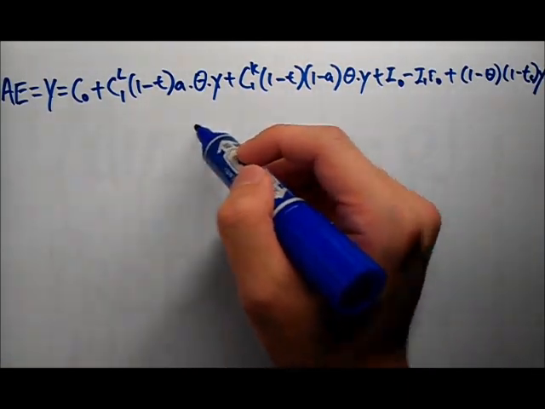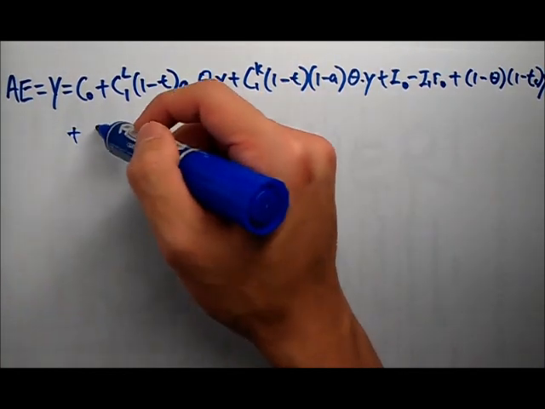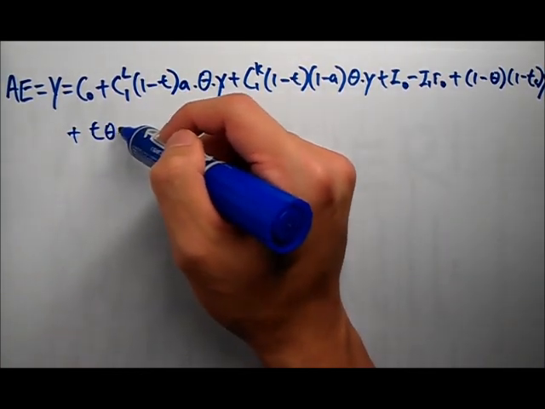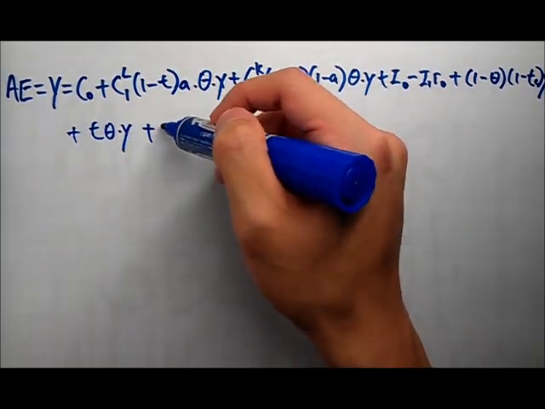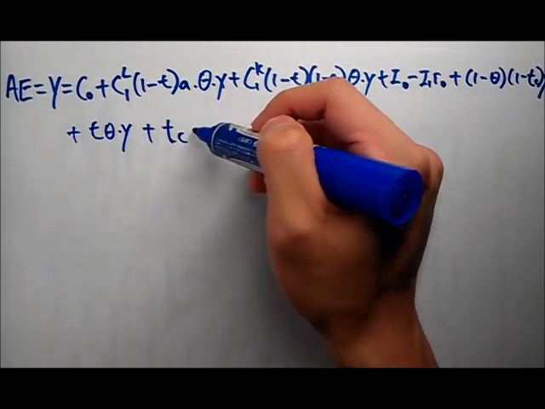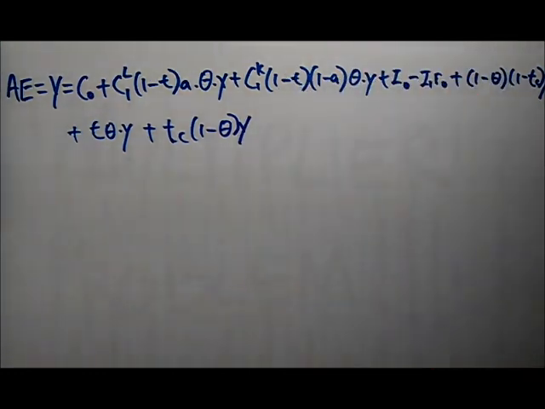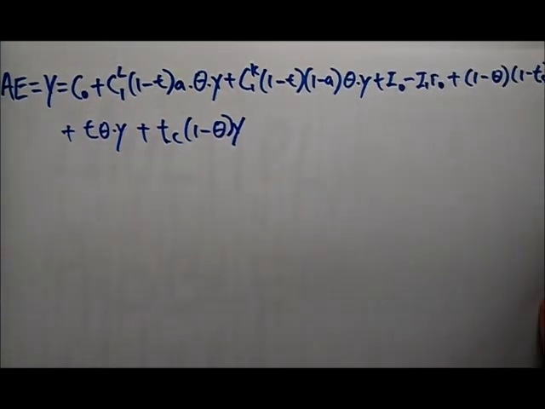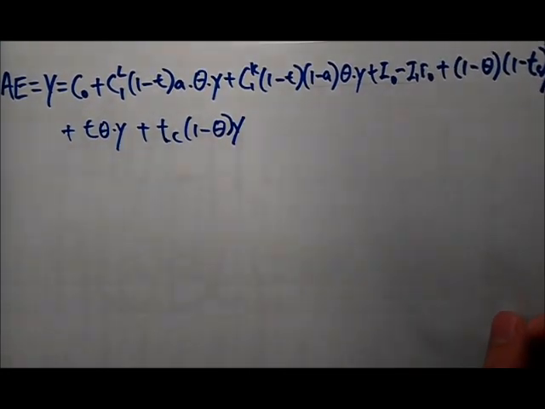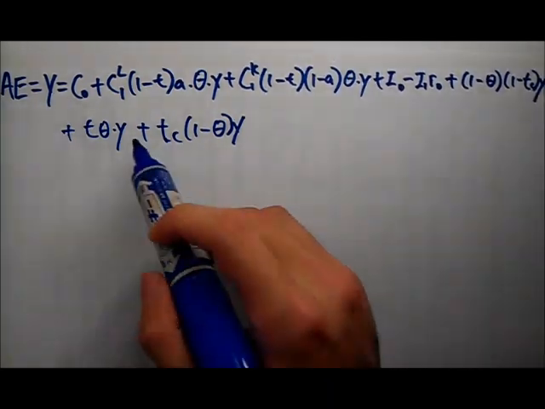Plus T theta y plus TC times 1 minus theta y. Oh my goodness, look at this AE equation. I hope you can see that. I'll read it out to you again.